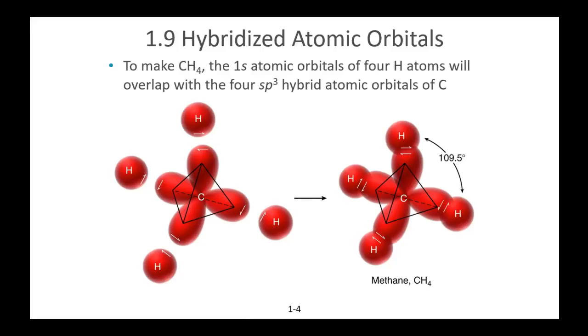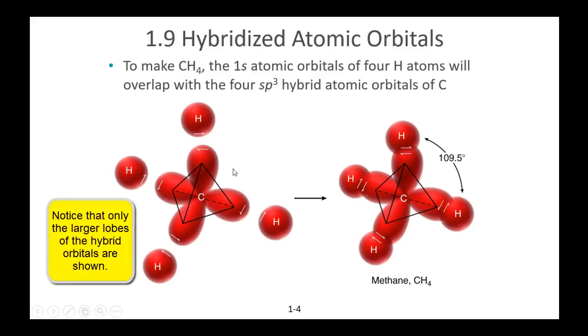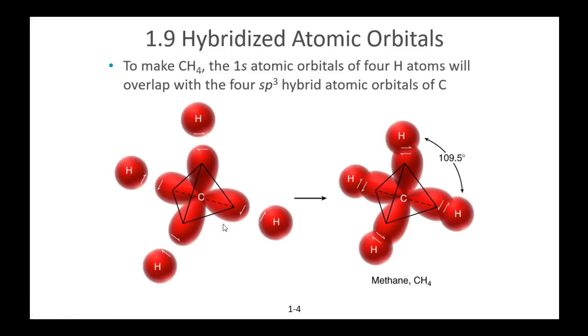The bonding in methane can best be described as an overlap between the 4 sp3 hybrid orbitals of carbon with the 1s orbitals of hydrogen. Now we know from VSEPR theory that electron groups will tend to get as far away from each other as possible. The electron groups in this case correspond to the 4 bonds in methane.